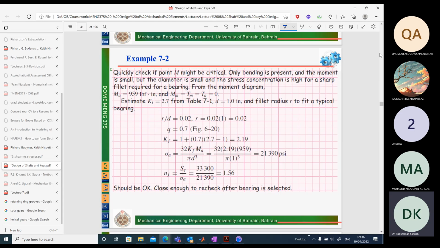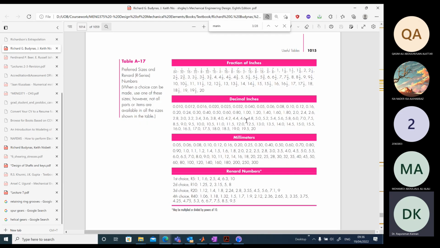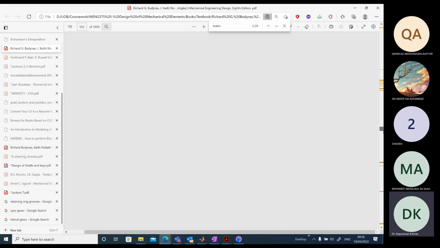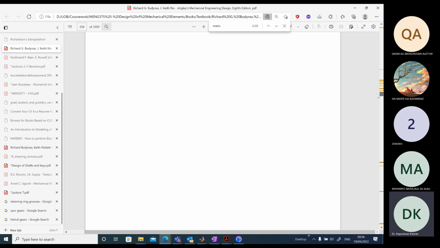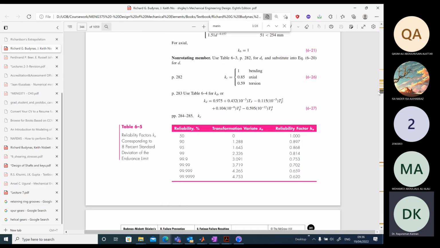Let's see. Since I am shifting between two points again and again, let's keep the diagram here.